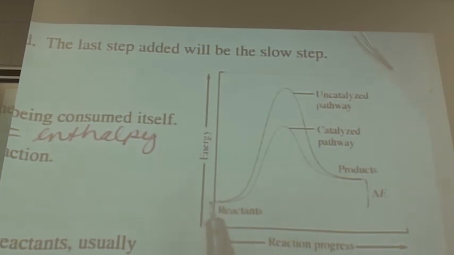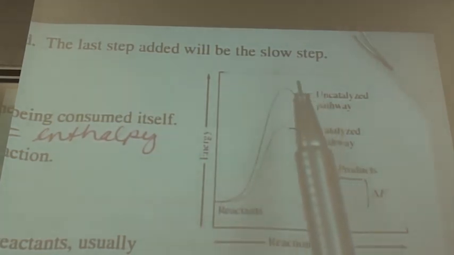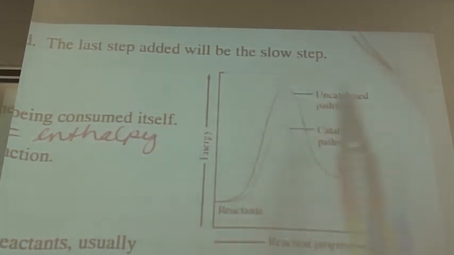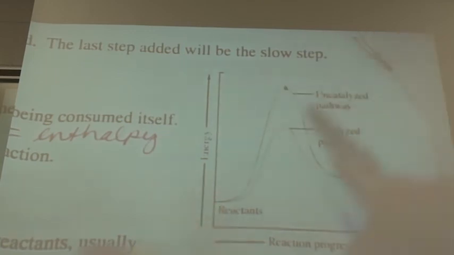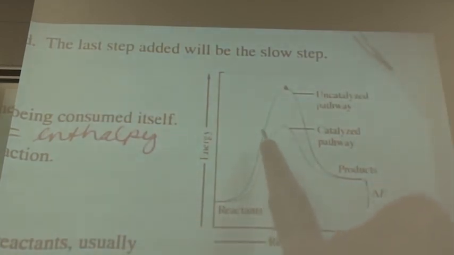This is how it works. So here we have the reactants, the transition state, and the products. The activation energy is the amount of energy from the reactants to the activated complex or transition state, the very tippy top. The reaction must have enough energy to surmount the activation energy before the products can be formed.